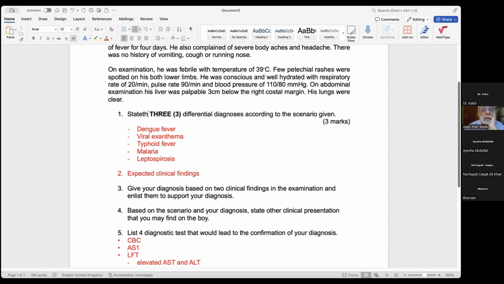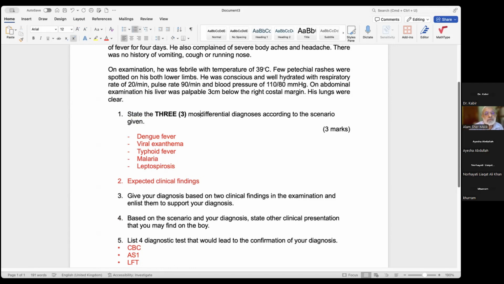And then next we can ask how to confirm each of these differentials through investigations. Yeah, basically that's what Prof. Kabir is also saying. We can ask that for each of the differential diagnoses, list 2 questions which you would ask in the history. For example, if you are thinking of dengue, what other information would you like to get?